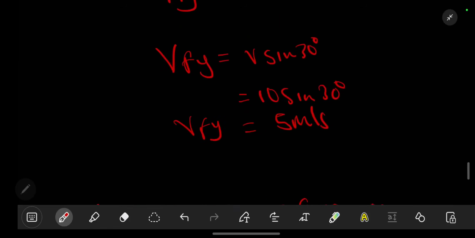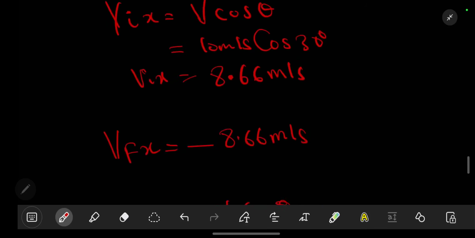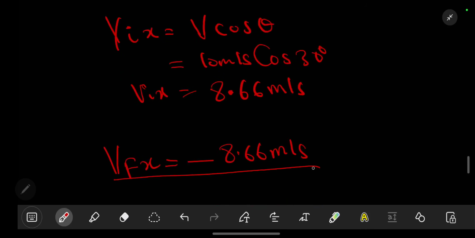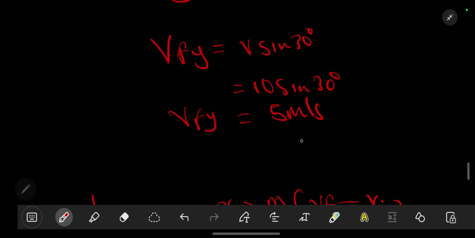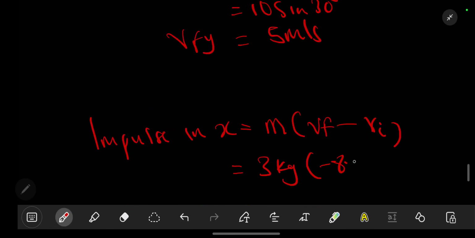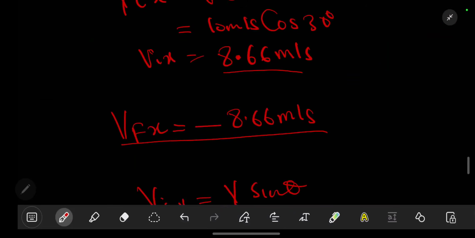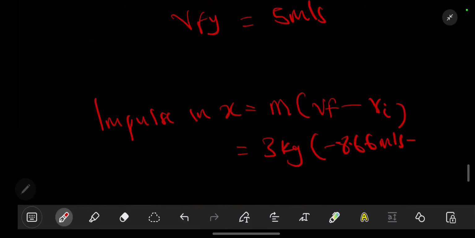So we are going to put our 3 kg times, what is our final velocity for the x? It's negative 8.66 meters per second, minus the initial, which was positive 8.66 meters per second.